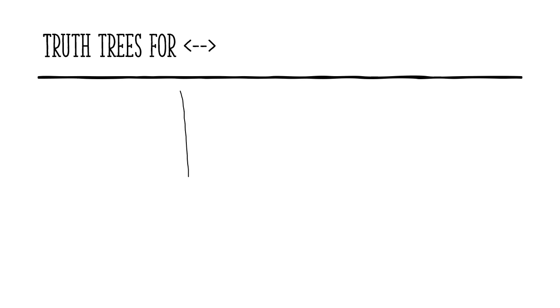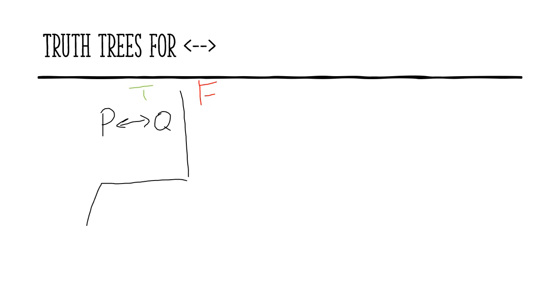So we start as we had before. Let's just start with P double arrow Q. Anything on the left is true, anything on the right is false. So, what makes a double arrow true? What makes P double arrow Q true is wherever both of them match. So either both P and Q are true or both P and Q are false.